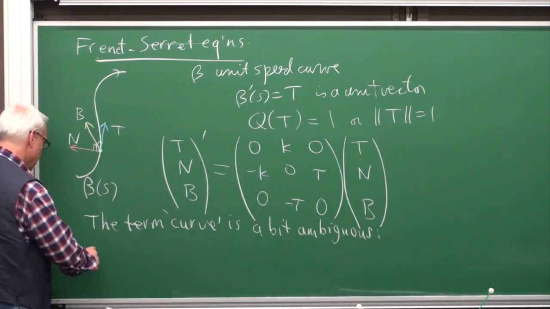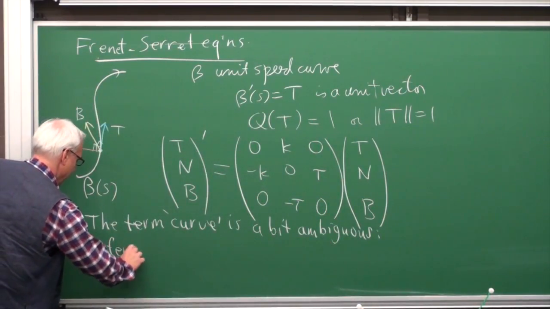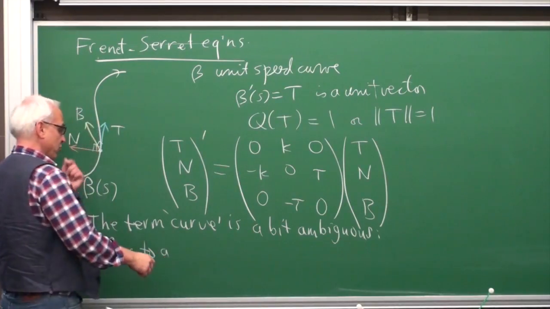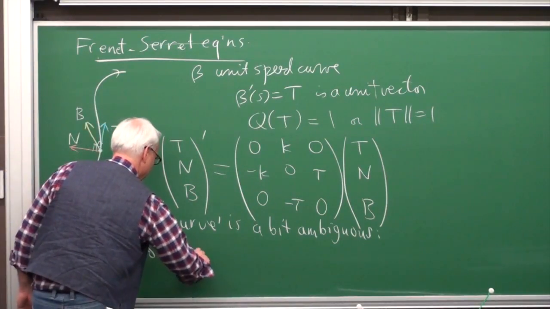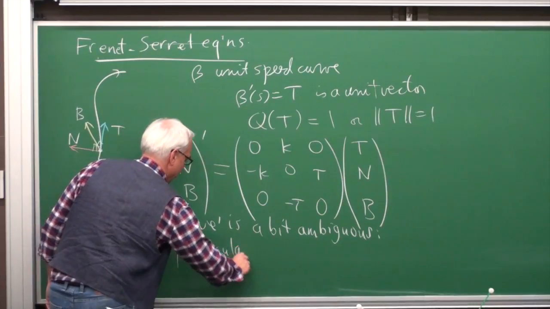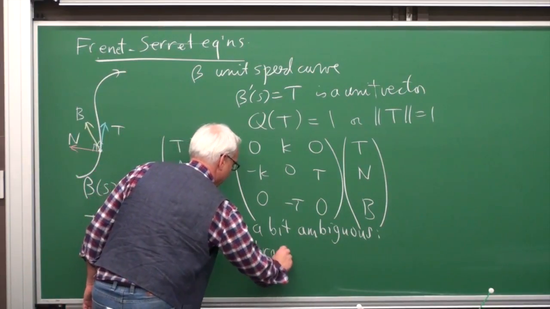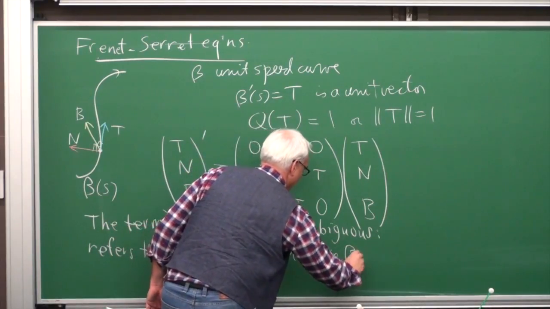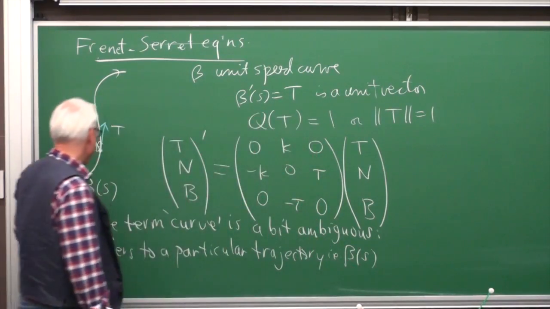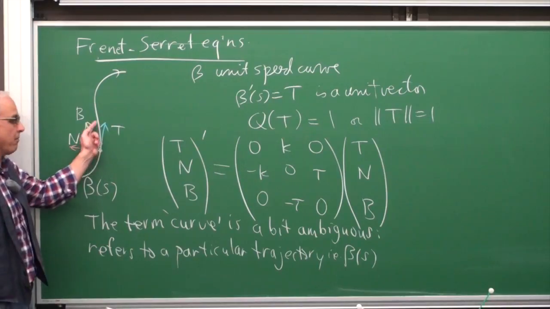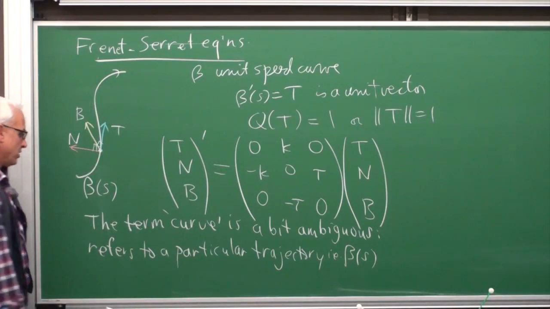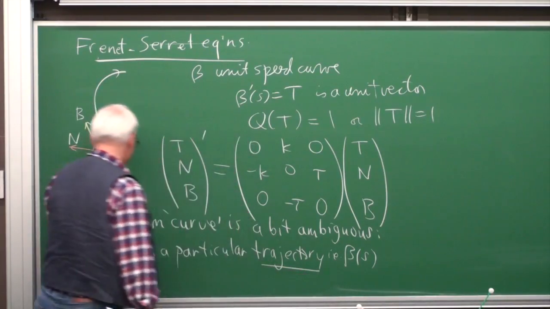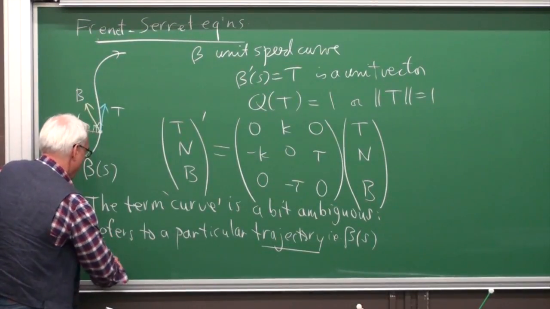Sometimes it refers to a particular trajectory. For example, if we're talking about beta of s, that's a particular motion, so a particular trajectory.